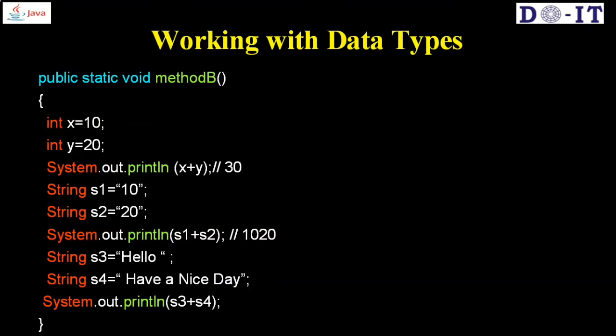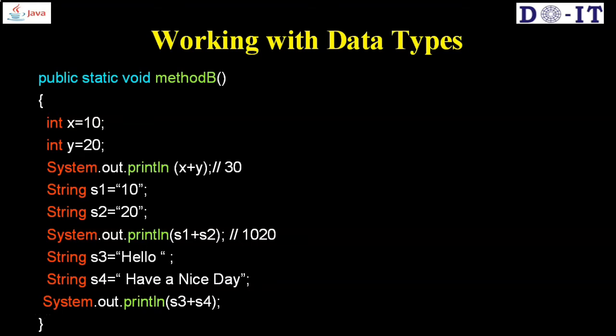Now, how a computer handles these 2 numbers when they are integers, and the same 2 numbers when they are strings, is what is demonstrated here. If you notice, I am initially trying to add x and y, and the plus operator is used as an additive operation here, and I would normally get an output of 30. 10 and 20 are added to each other, and I get an output of 30.